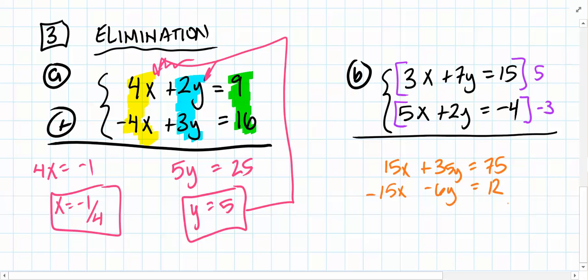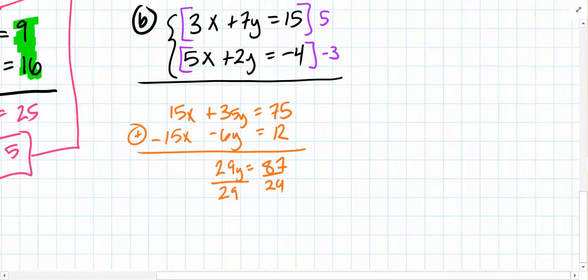Now we've set ourselves up nicely for the x values to be eliminated, leaving us with 29y is equal to 87 divided by 29. Actually, it's a really nice number because it's 3. Okay, so let me move over here. So y is a value of 3.